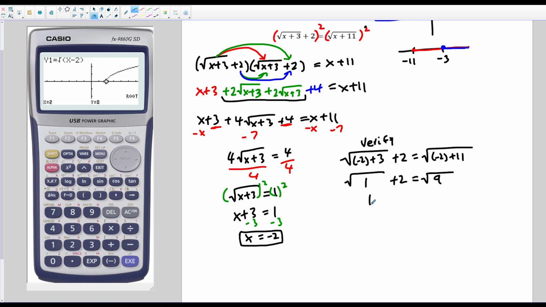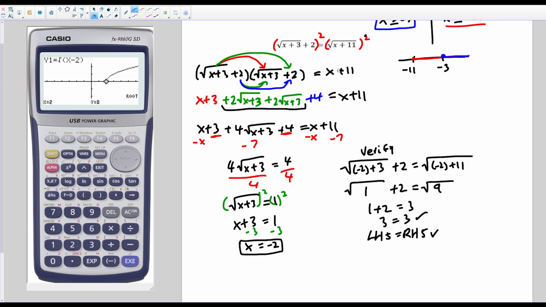The square root of 1 is just 1. 1 plus 2 is equal to 3. So we get 3 is equal to 3. So the left-hand side is, in fact, equal to the right-hand side. Therefore, x is equal to negative 2 is a solution to this equation.